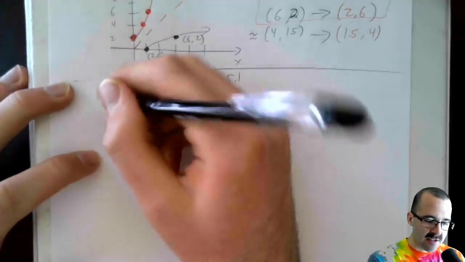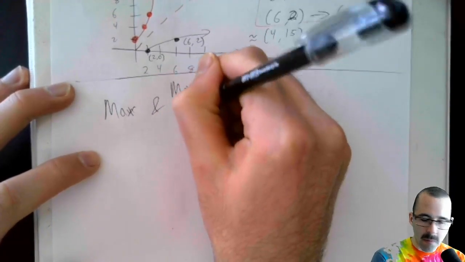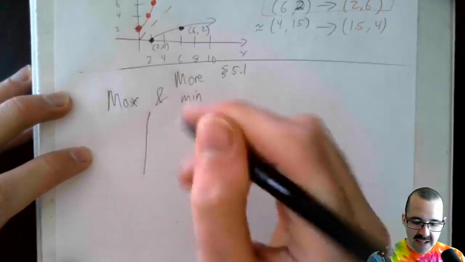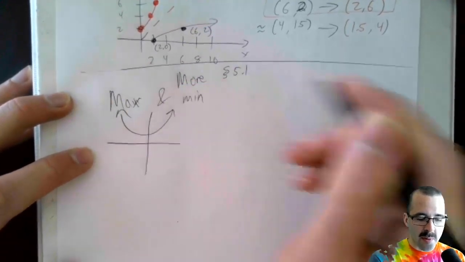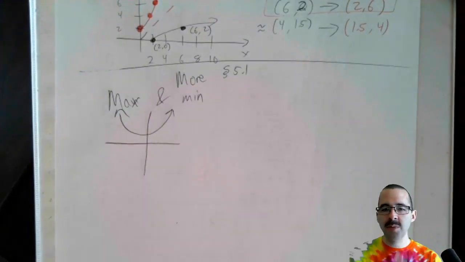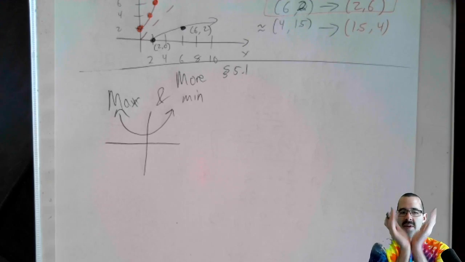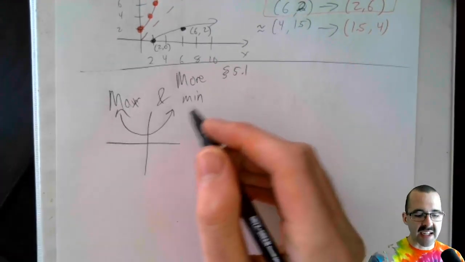So let's talk about maximums and minimums. So if you have a normal parabola, right? Most parabolas, that's not true, but our standard parabolas open up, just like this. So these have no maximums. There's no biggest, right?